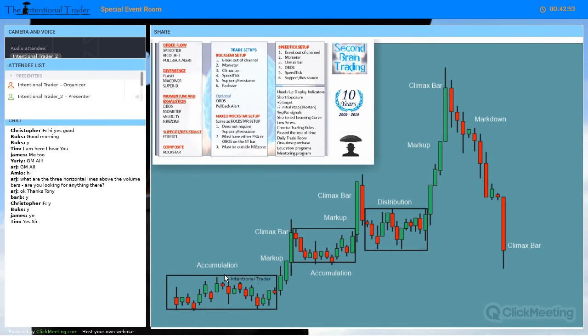Okay. So what we're seeing here is what the big boys call accumulation phase. When price is down at a very reasonable price for whatever this instrument is, it's a good time for the big boys to start quietly buying up as many of these assets as they can, as many of these contracts.